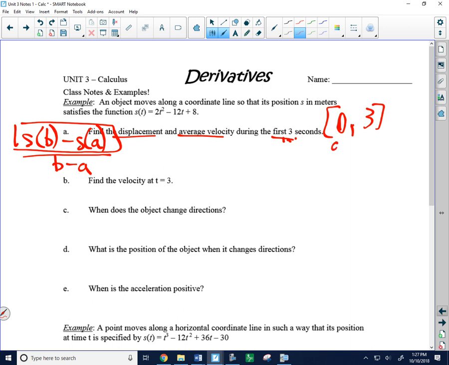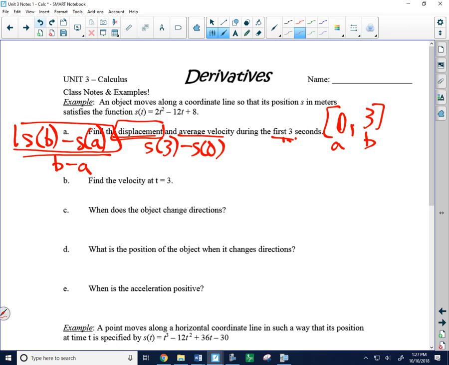My a is 0 and my b is 3. So let me start with just that one. S of 3 minus S of 0.